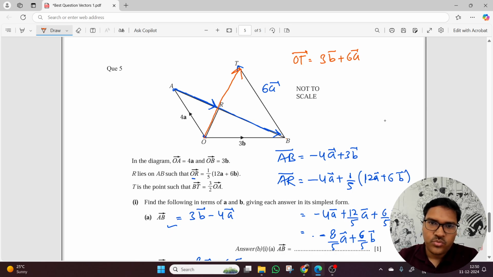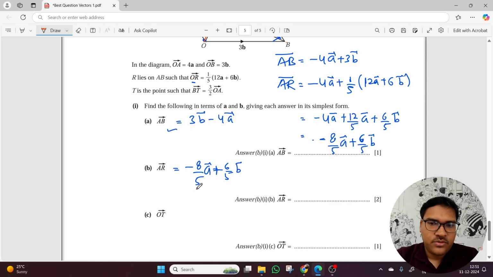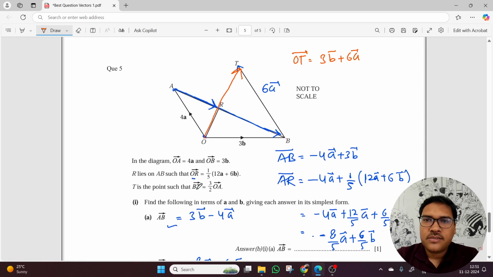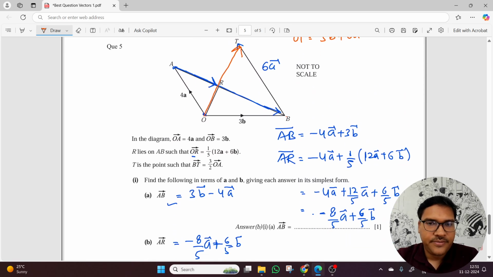This is 3B plus 6A, OT vector, right? So this is our expression, 3B vector plus 6A. I hope this is clear, right?